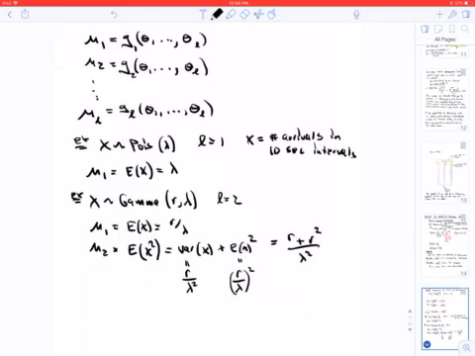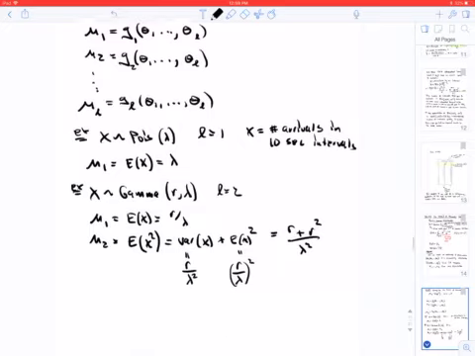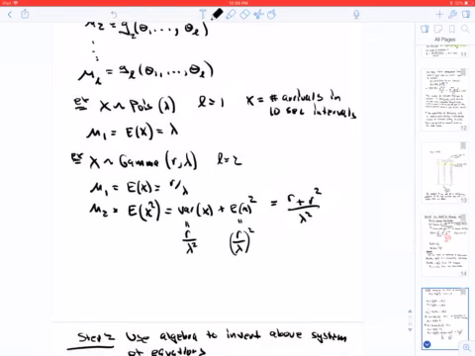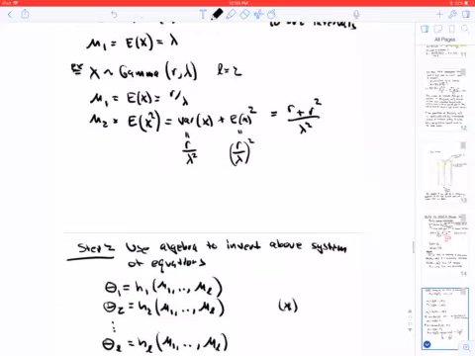So let's take a look at an example. If x is Poisson, you have one parameter, L is 1. So your first moment is just lambda. If x is gamma, you have two parameters, r and lambda. So L is 2, and you can write formulas for your moments in terms of your parameters.